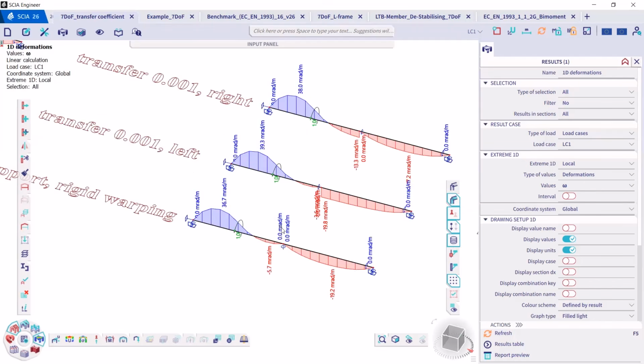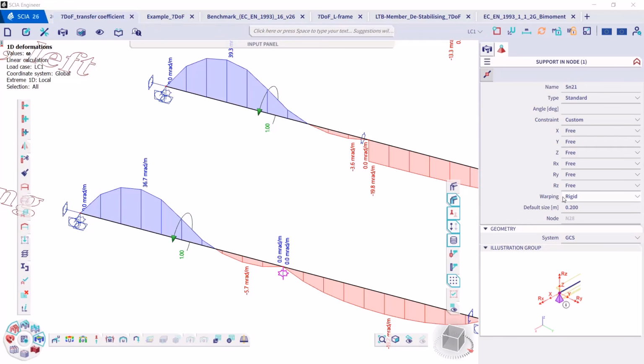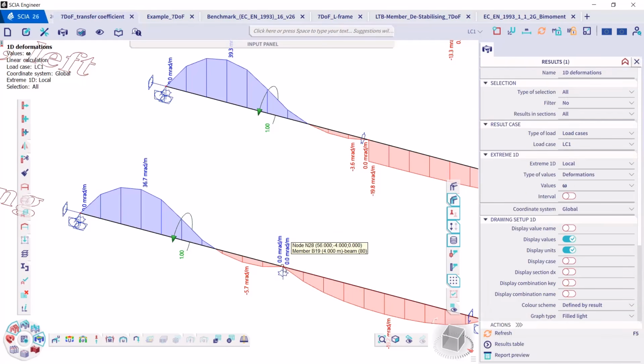And if you want to make the warping equal to 0 on both sides, what we can do is place a support, a nodal support, instead of the hinge, and apply a rigid behavior in terms of warping for the support. And in that case, you see that omega is equal to 0 on both sides.